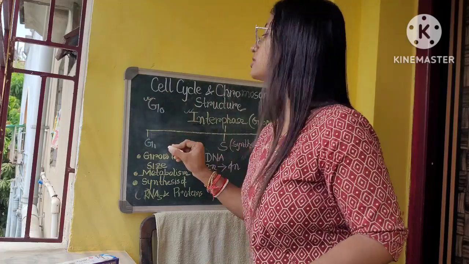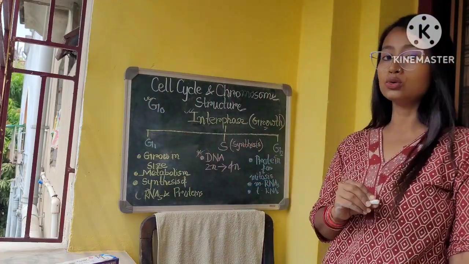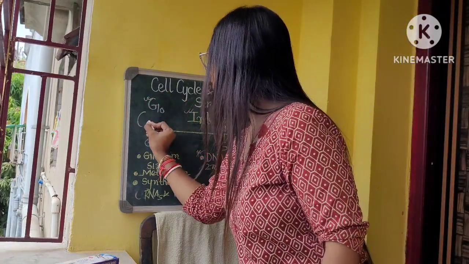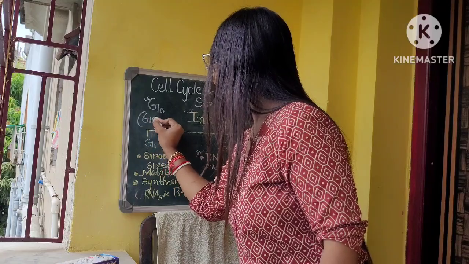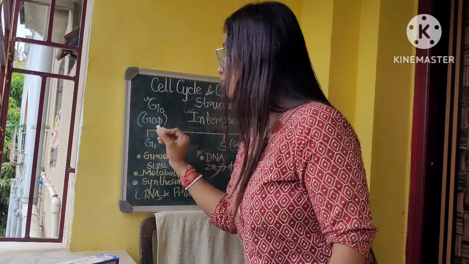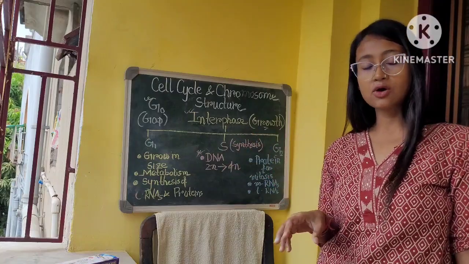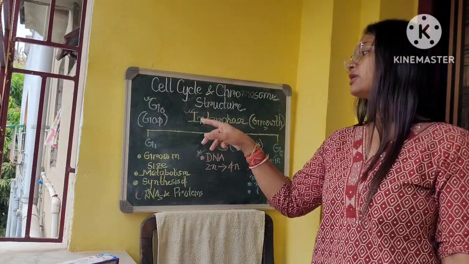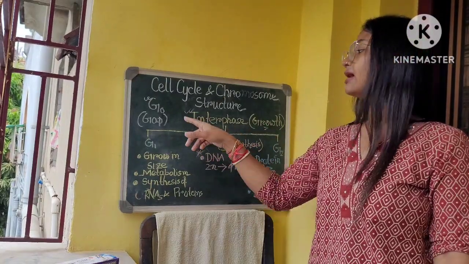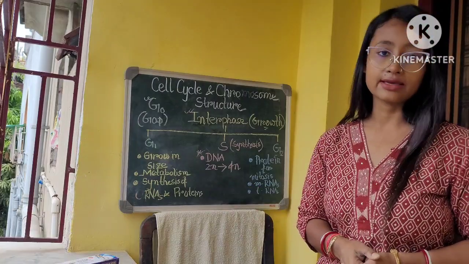Here G doesn't signify the word growth. Here G means gap. Those cells which don't follow the stages of the cell cycle, we call them to be in a G0 phase or in a gap phase.